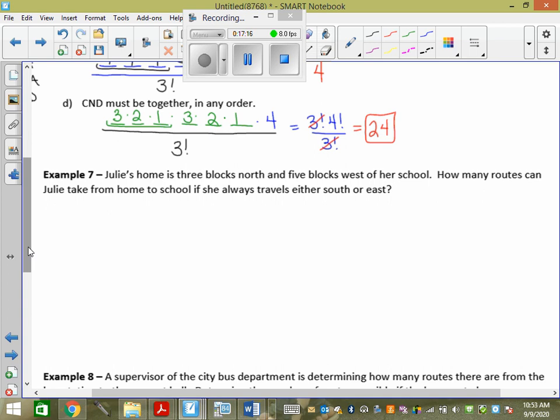So if we start from her school, it's 3 blocks north, 1, 2, 3 blocks north, and 5 blocks west. 1, 2, 3, 4, 5. So this would be her home. And then you make it in a path like a block.